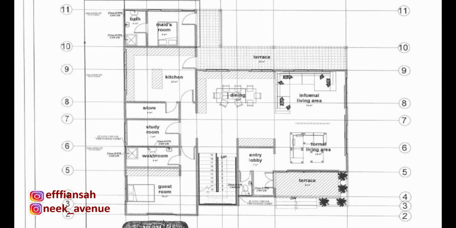So for this particular plan, we have the water supply in 4 main areas on this floor. Down here where the guest washroom is, that's 1. Here where the guest bathroom is, that's 2. Where the kitchen is, that's 3.